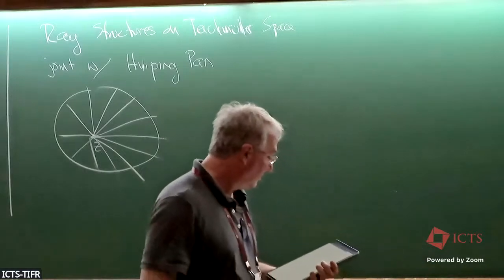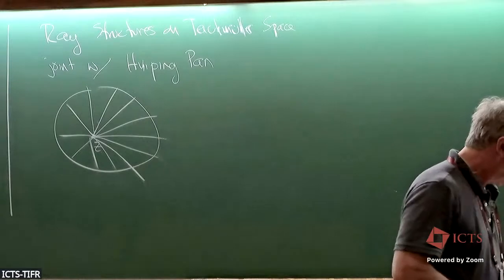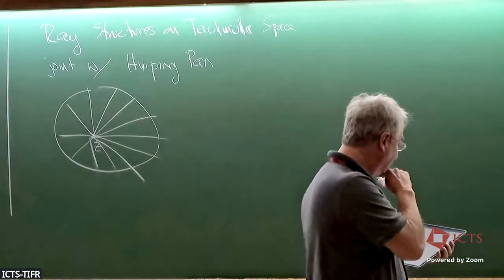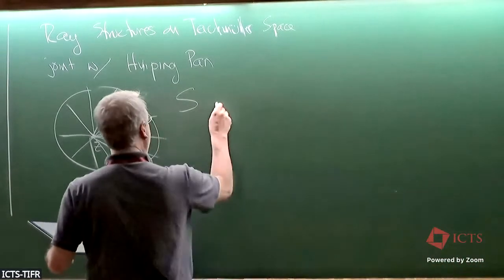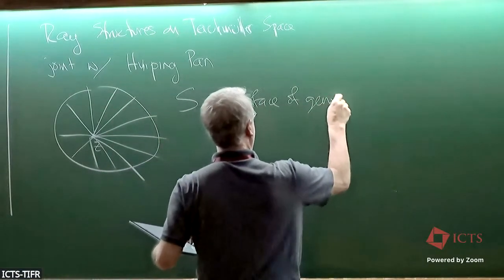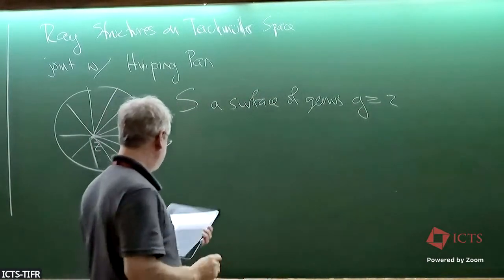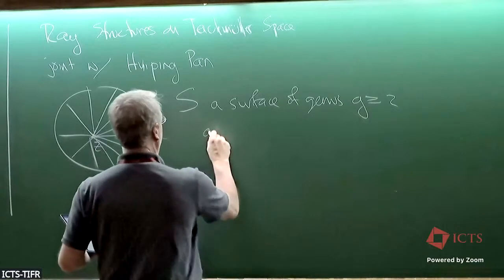All right, so as usual, S is a surface, some differentiable surface of genus g, at least 2, oriented, on which I'll put various structures.